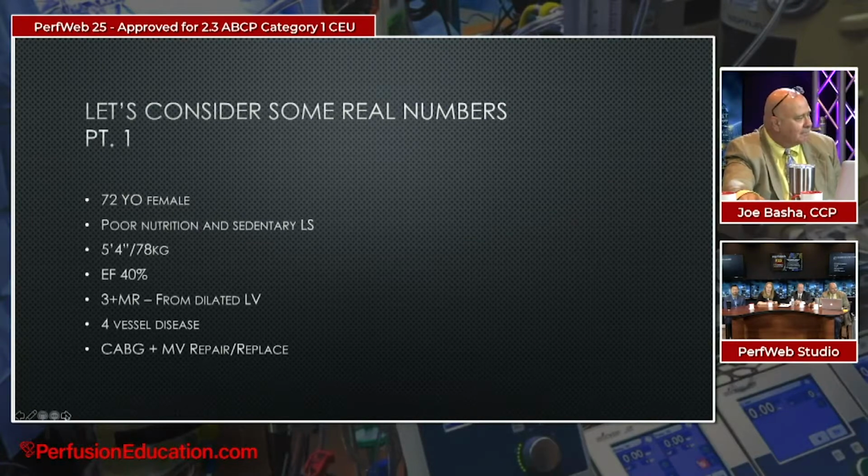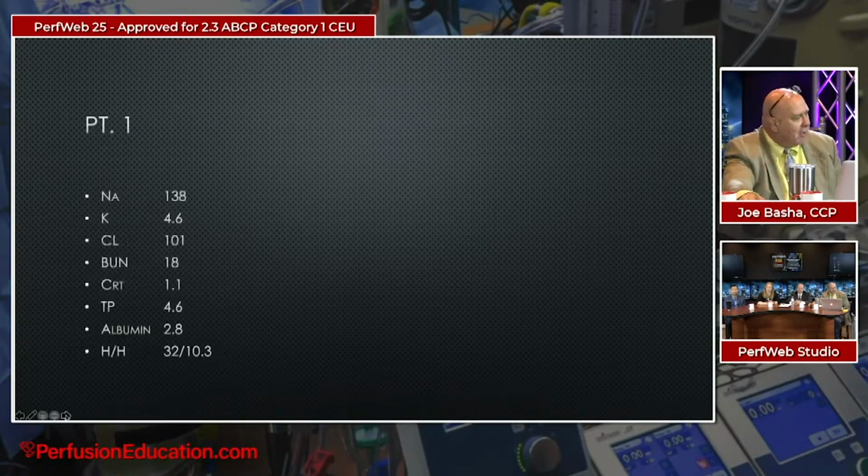Next slide. Here are her chemistries: sodium 138, potassium 4.6, chloride 101, BUN and creatinine look good. I mean, this looks like she has reasonably decent renal function, normal creatinine certainly. Total protein is 4.6, albumin 2.8, so she is a little hypoproteinemic and hypoalbuminemic.